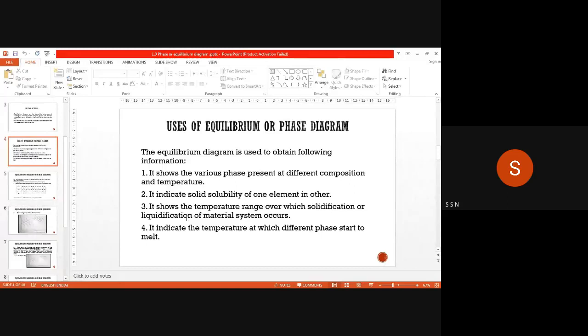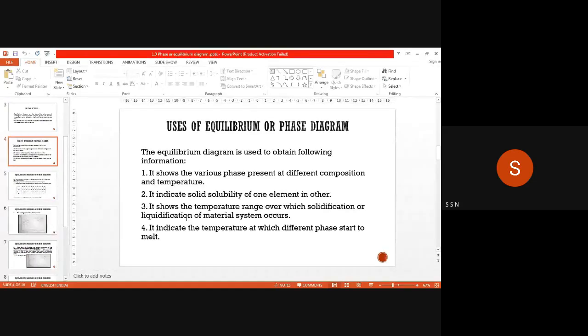As I have told you, in the cooling curve, at different temperatures, different phases are available: either liquid phase, solid phase, or solid plus liquid, or liquid plus solid 1 plus solid 2. Like that, phases are available for different types of material. So whether two elements are soluble in each other or not, we can indicate on that phase diagram also.